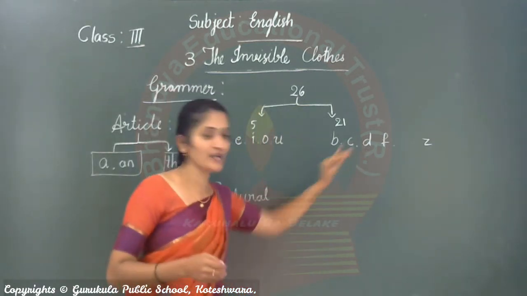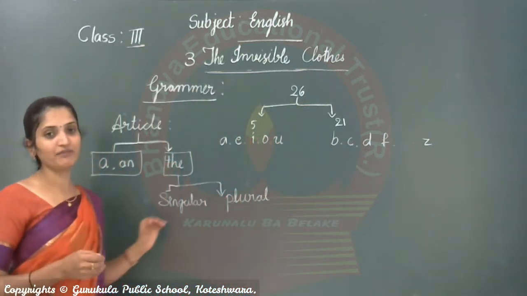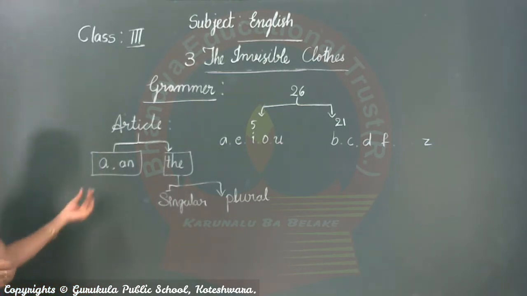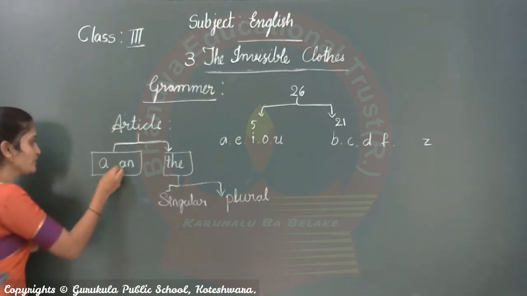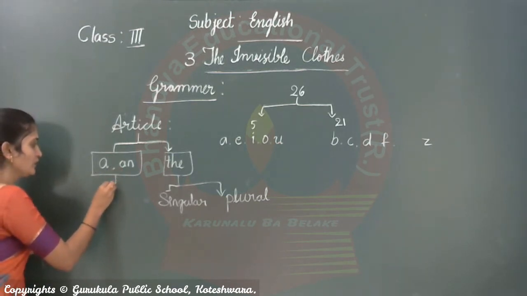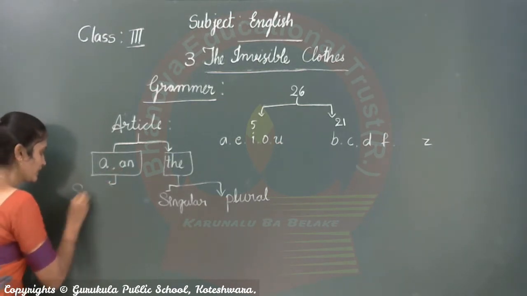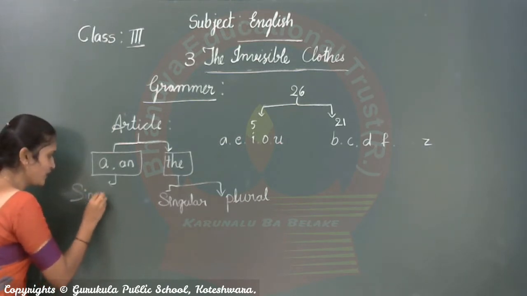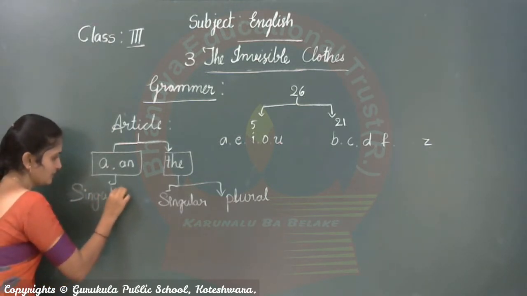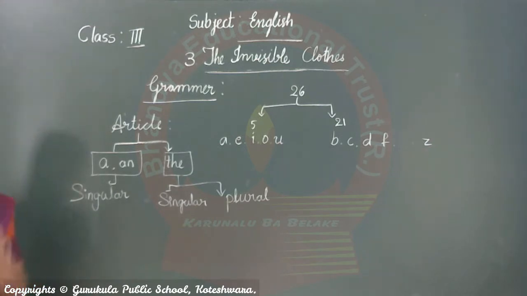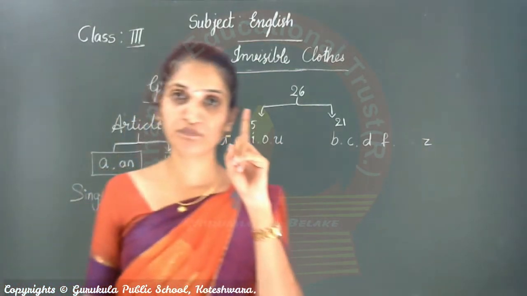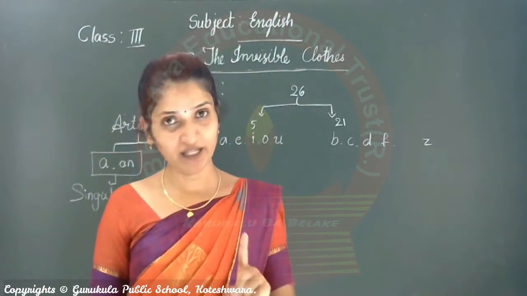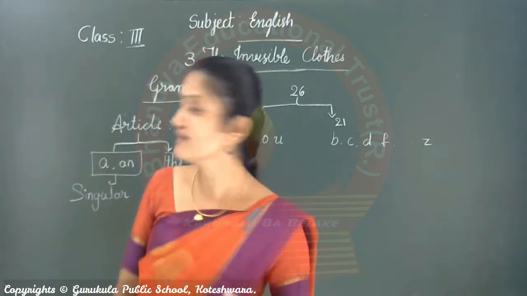For this, if the word starts with a consonant letter, we are using a. This one and this one are only for the singular. Single means only one. If it is only one person or one thing or one place, only one.